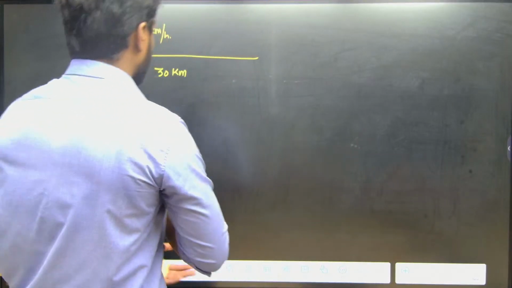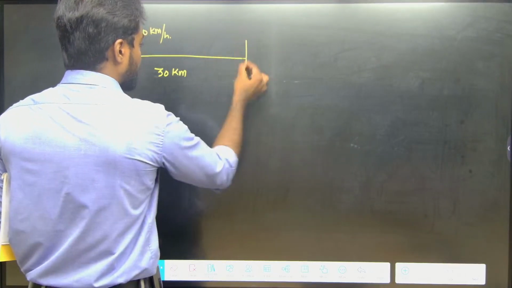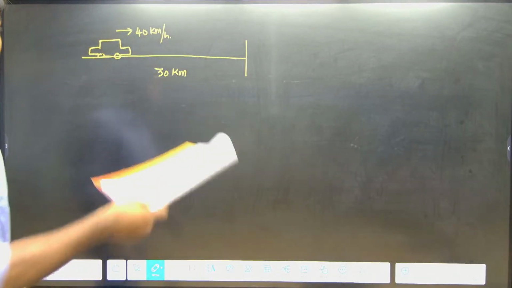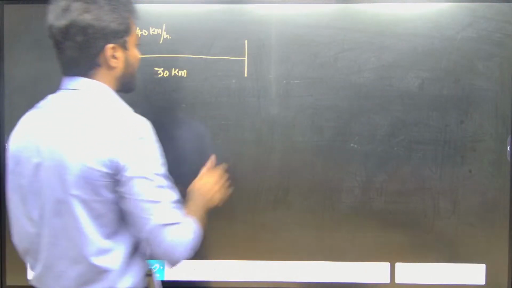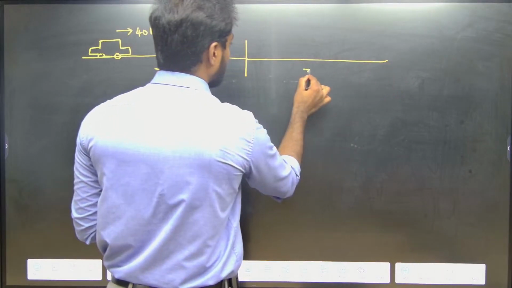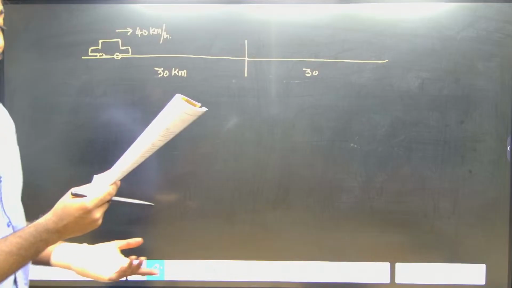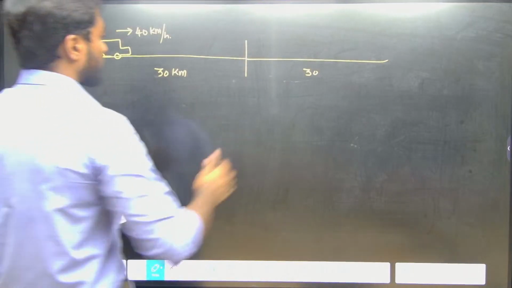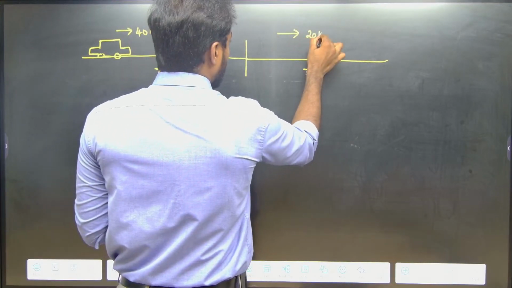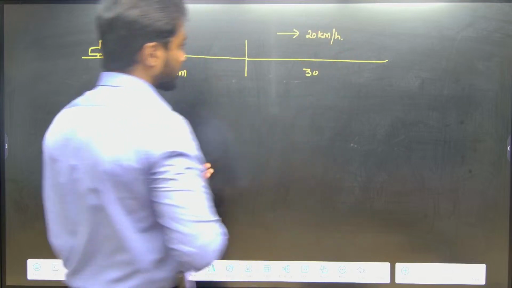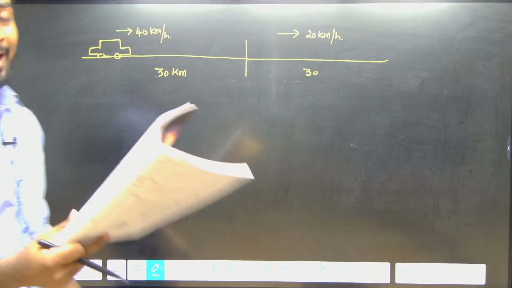So there is first 30 kilometer with 40 kilometer per hour, the next 30 kilometer with 20 kilometer per hour. Okay. So, find its average speed.